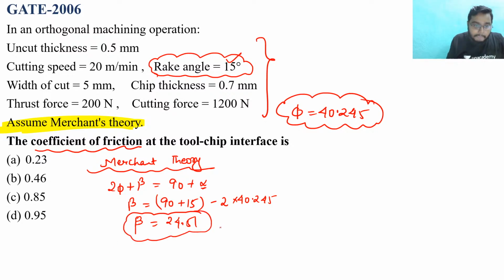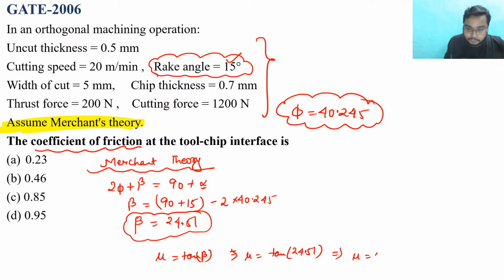So this is your beta, and mu is equal to tan beta. We know that mu is equal to tan beta, so mu is equal to tan of 24.51, which is mu equal to 0.46. Okay, this is your answer.